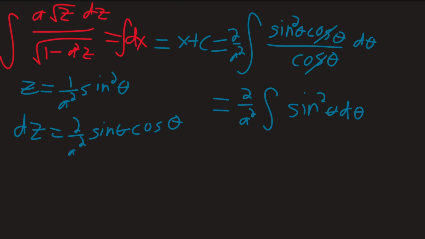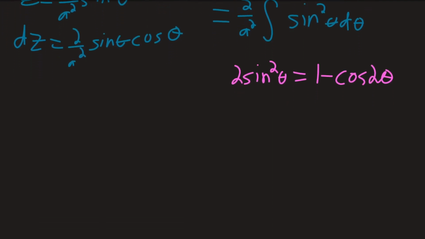And now this integral really isn't that bad, so long as we use the little identity here: 2 sine squared theta is equal to 1 minus cos 2 theta. Meaning, let me just scroll down.